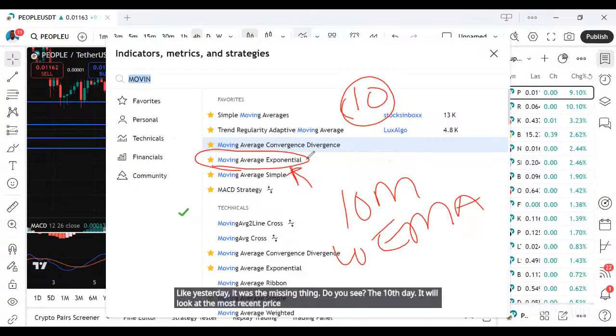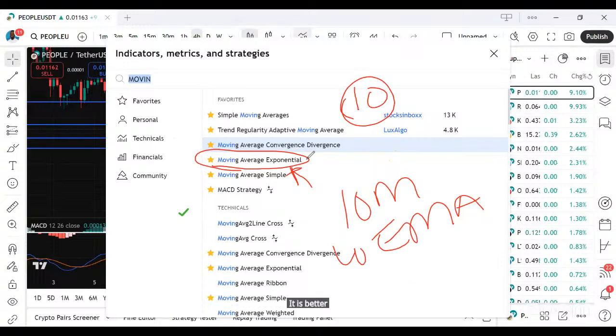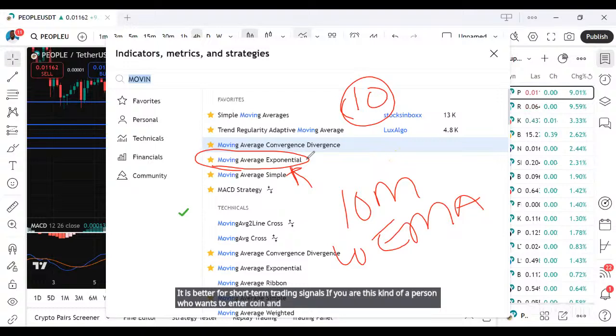It is faster and it reacts to price changes. The exponential moving average is faster than the simple moving average. It is better for short-term trading signals. If you are the kind of person who wants to enter a coin and get out of a coin faster, ladies and gentlemen, use exponential moving averages, because they look at the recent prices, not like simple moving averages.